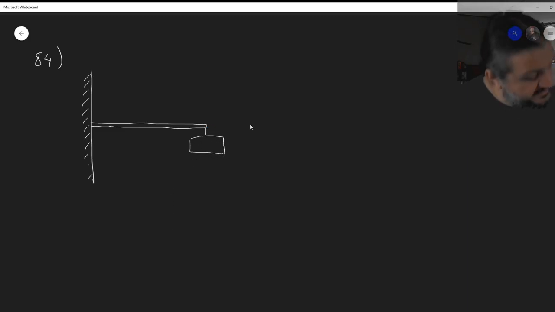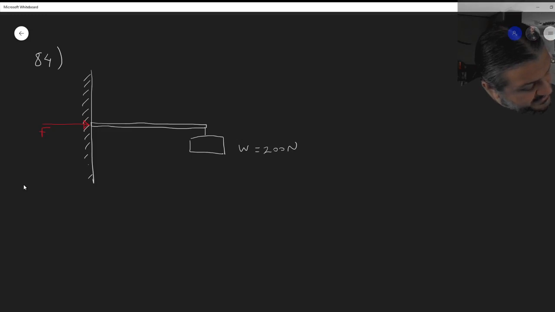This is the sign, and it's 200 newtons. The force exerted on the strut by the wall, F, is horizontal.